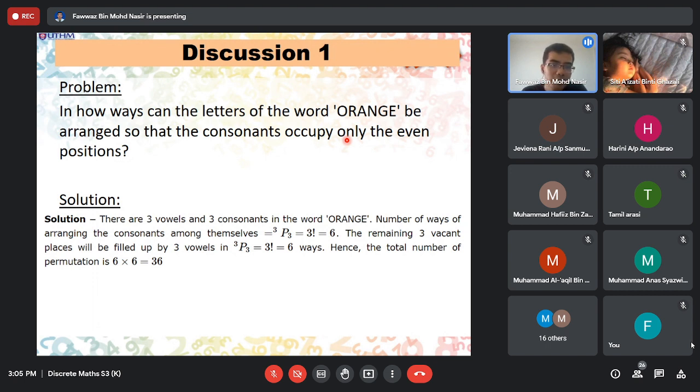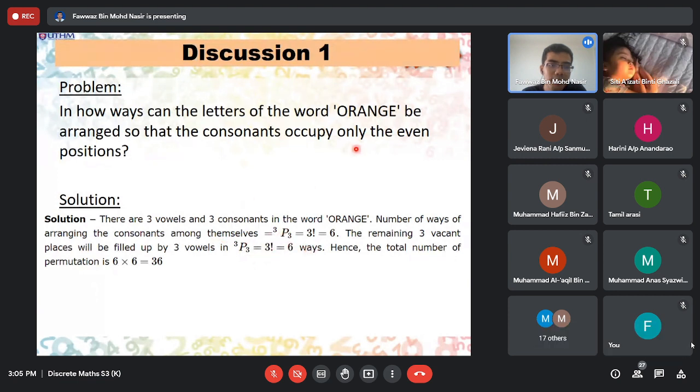So the number of ways to arrange consonants at even positions is 3P3. So you get 3 factorial, which is equivalent to 6. And we calculate the number of ways to arrange the vowels at the remaining position. So kita ada 3 vowels dalam this word. So 3P3 juga sama dengan 3 factorial.